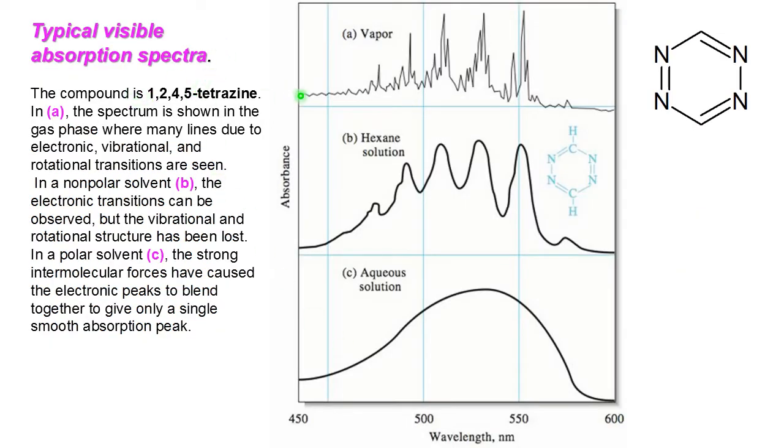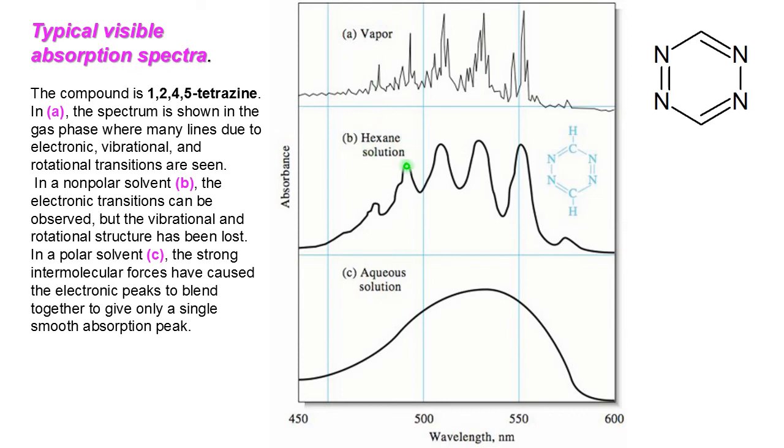Spectra can be different if you put the same compound, in this case tetrazine, in different media. In vapor, you can see plenty of peaks which are very sharp. All the vibrations and rotations are available in vapor.